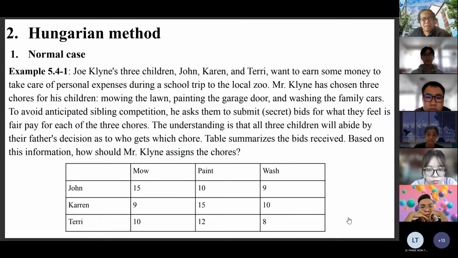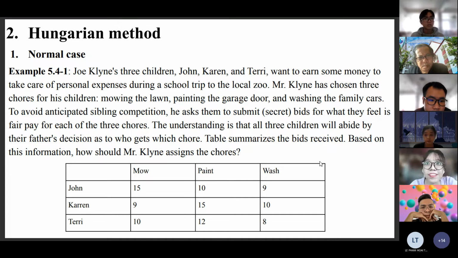Can you explain the problem clearly? Okay, so the problem is that we have three people with three jobs. In this example, the cost represents the bid that each person has to pay to have a slot of doing that job.